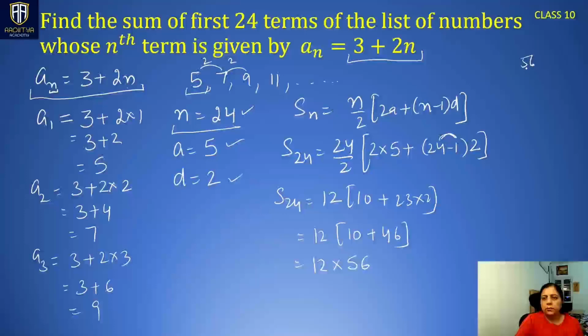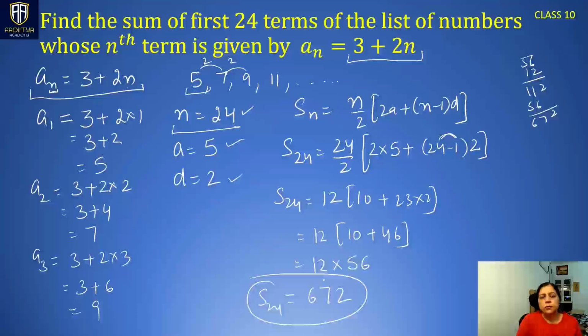This gives 672. 672 is the sum of first 24 terms of this sequence. Right? This is how we use this formula.